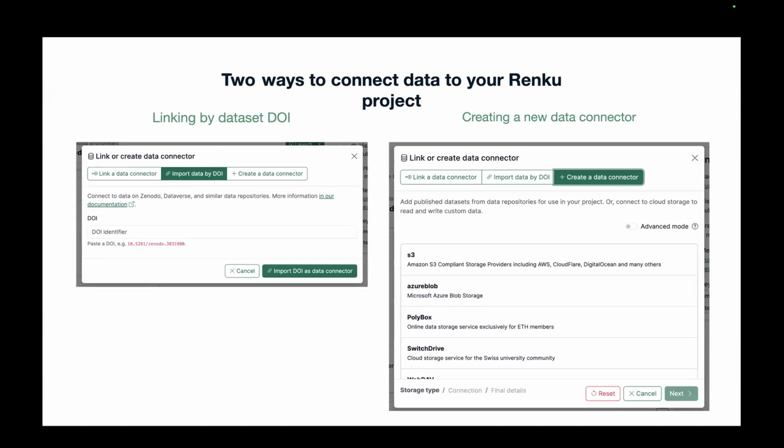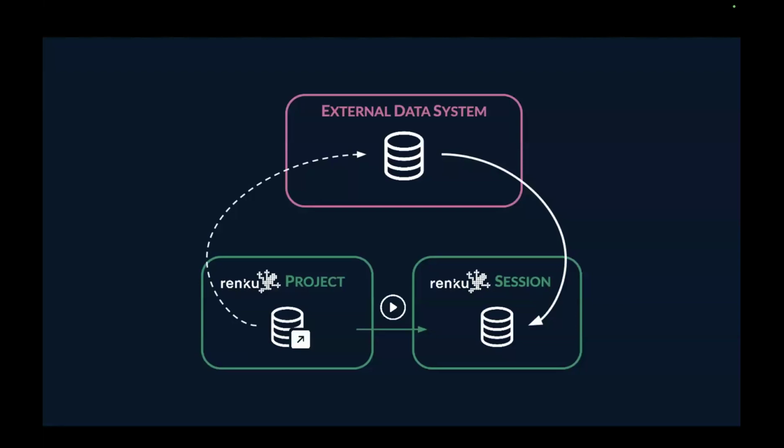On the other hand, if you have a storage provider such as an S3 bucket in Amazon, blob storage in Microsoft Azure, a Switch Drive account, or a Polybox account for those who are at ETH, or any other WebDAV storage provider, you can create a data connector exactly to that source of data. We will show later how you can do it in our live tour.